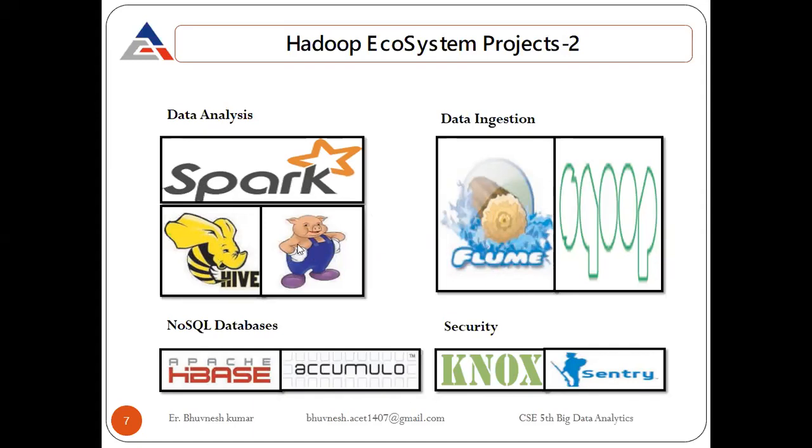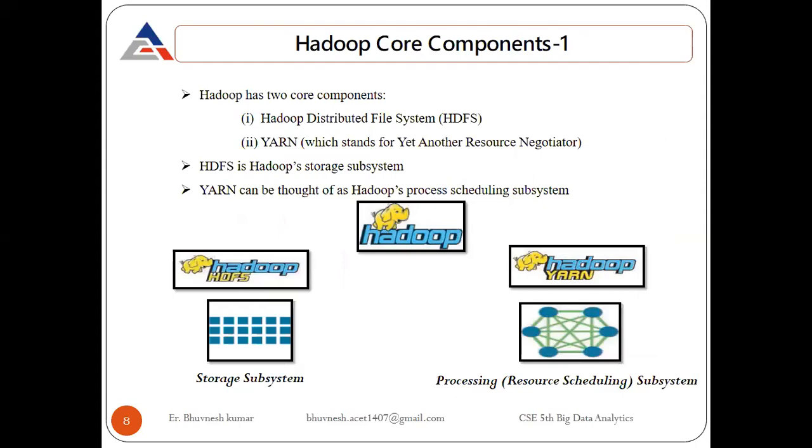Pig and Hive are products of Hadoop; Spark is not. For data integration, Flume and Sqoop are used, which are products of Hadoop. The NoSQL databases are HBase and Cassandra, also products of Hadoop. For security, Knox and Sentry are also products of Hadoop.